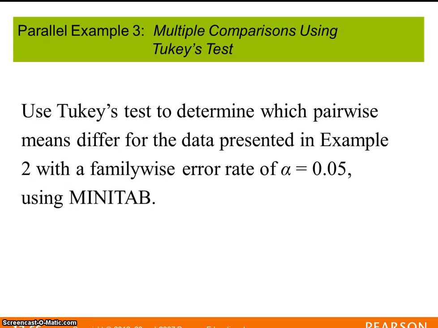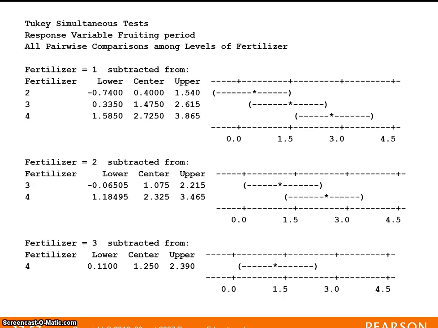So let's use Tukey's test to determine which pairwise means differ for data presented in example 2. And again, we'll use Minitab as an output in this case. And a lot of times, if I do give you a problem like this, I will give you the Minitab output just because calculating these things by hand, although it's possible, is quite lengthy and tedious.